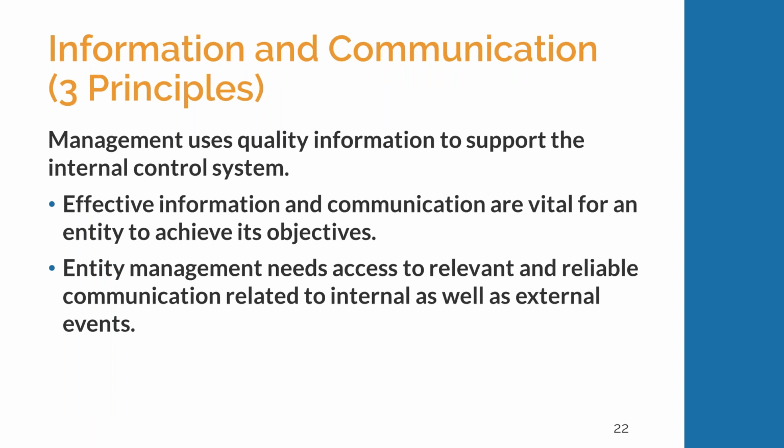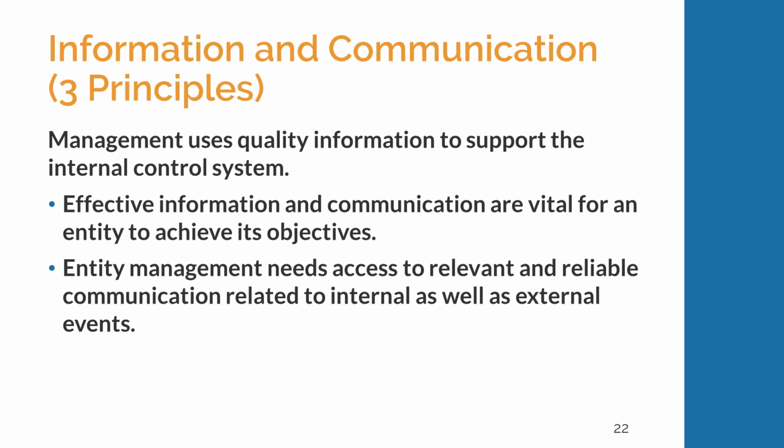Okay, now we go to our information and communication, and there are 3 principles for that internal control process. Again, we're looking at how we support our system. Is there an effective information and communication of the process? How do we go about setting up the objectives for those?